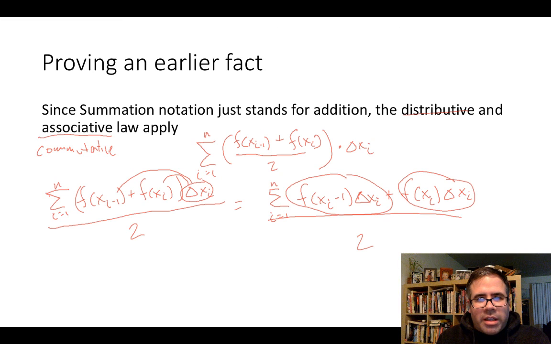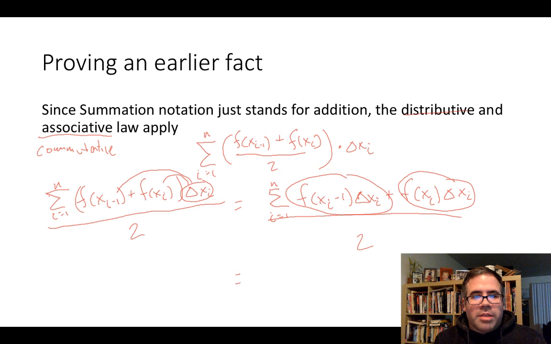But again, this is just a lot of addition, so we don't have to do addition in the order it's written. We can indeed split this up. We don't have to do this addition inside each term. We can do all these additions and then all these additions.